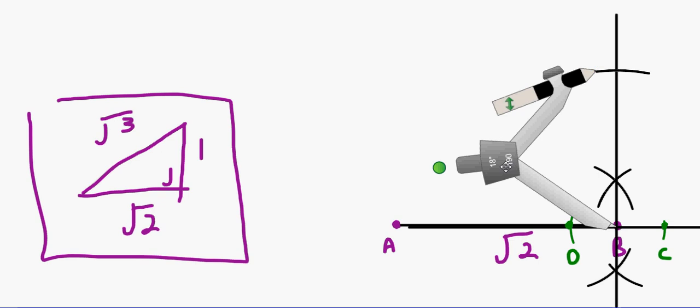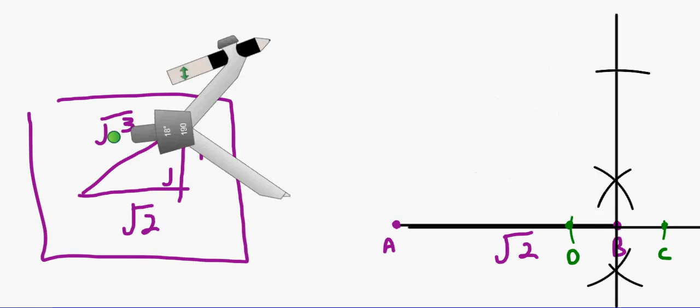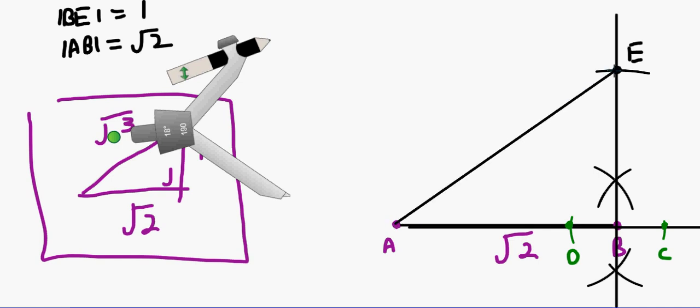And what do you call that letter? Mark the point E, which is exactly a distance of 1. So BE equals 1, AB equals root 2. So can anybody therefore tell me what A to E should be? Root 3.